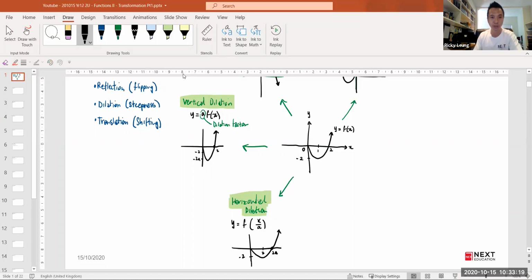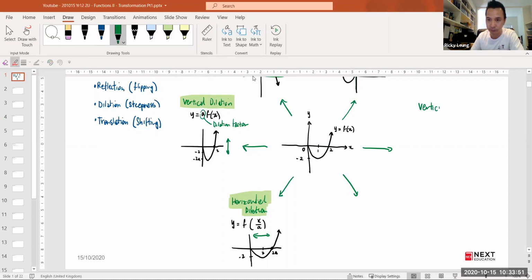So horizontal, vertical basically stretches it up and down. Horizontal basically stretches it left and right. So it's not a new concept. It is a new terminology that they threw into the syllabus, dilation, which used to be called steepness. The last two, once again, are not too hard. In fact, it's probably the easiest one, aside from reflection maybe, and it's pretty straightforward to understand.